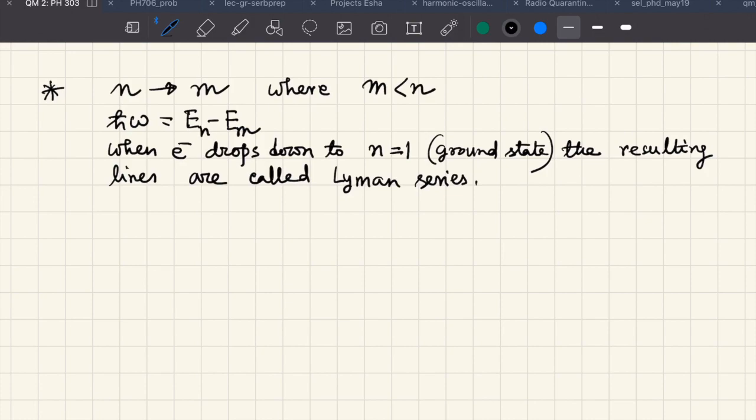When electron drops down to, so this should be m, because m is less than n always, so m equal to 1 is the ground state.